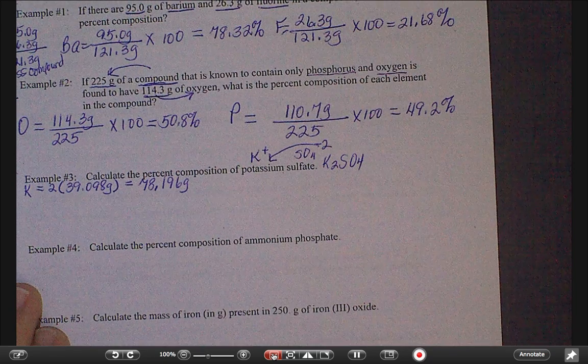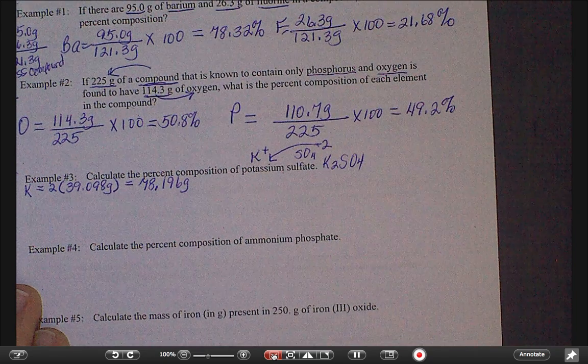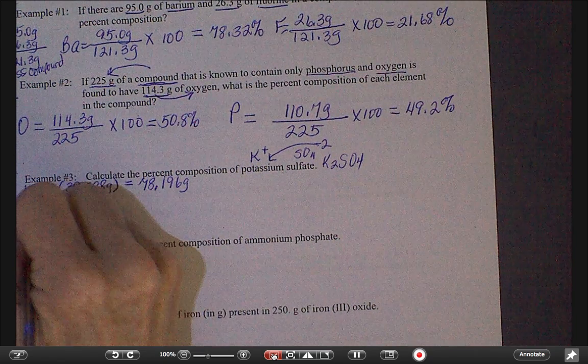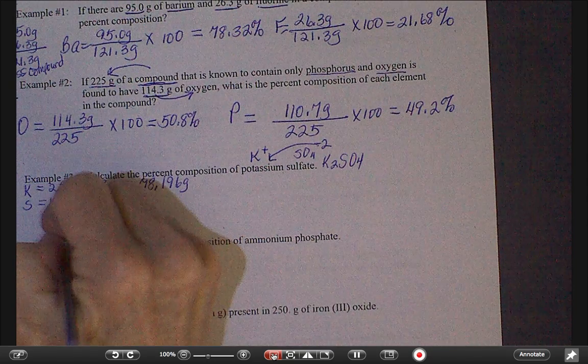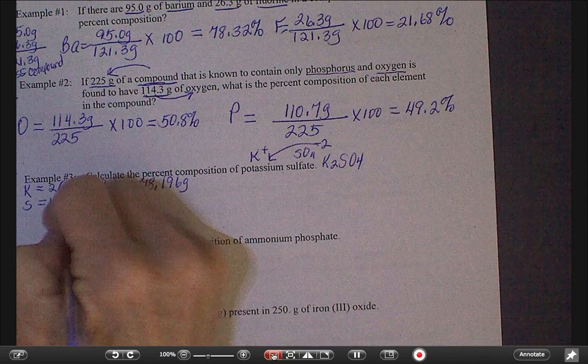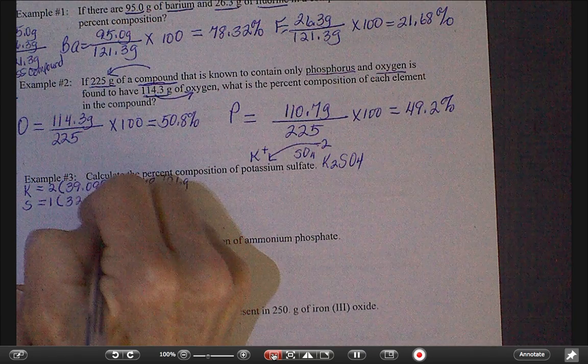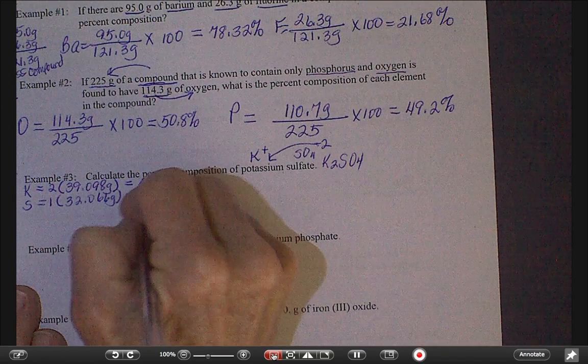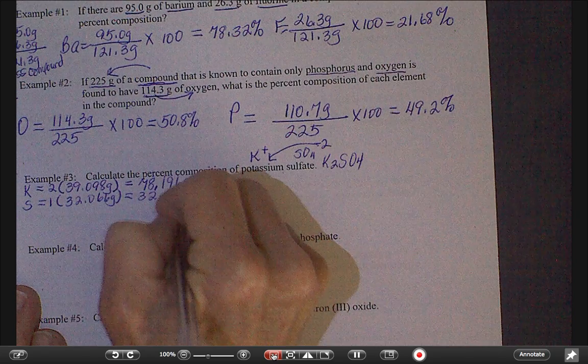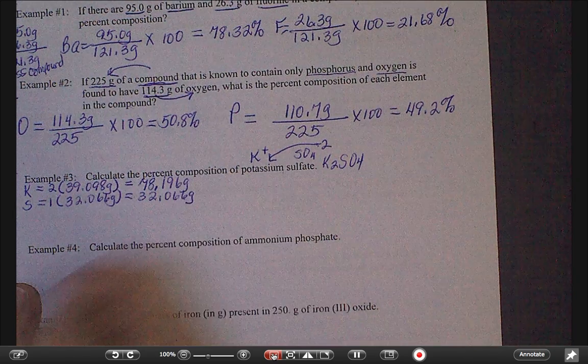Okay? All right, next is S. Is 1 times 32.066, which equals 32.066 grams.